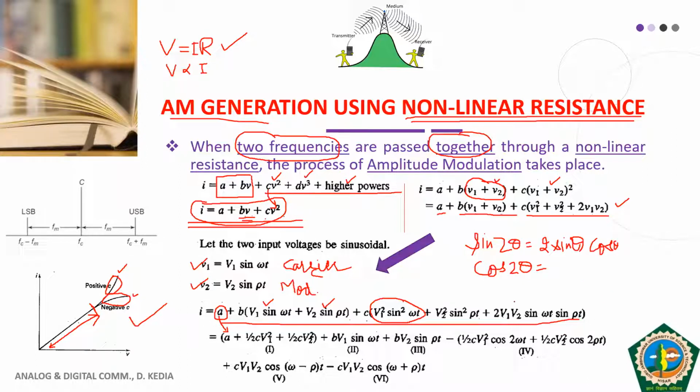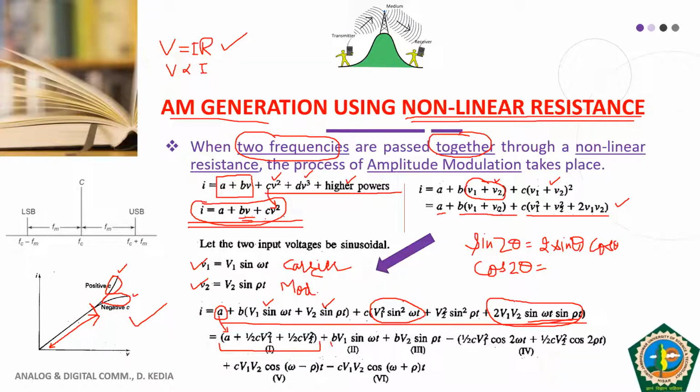Then in this third term, you again have the multiplication of two sine terms, that is sine A sine B. So by applying these trigonometric expressions and segregating the terms, we segregate the constant terms under the term indicated as 1.